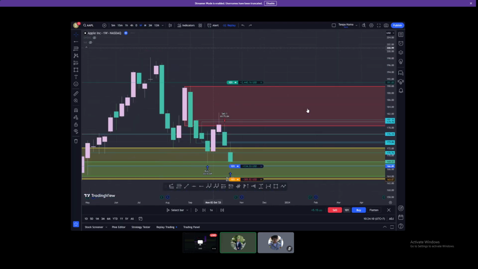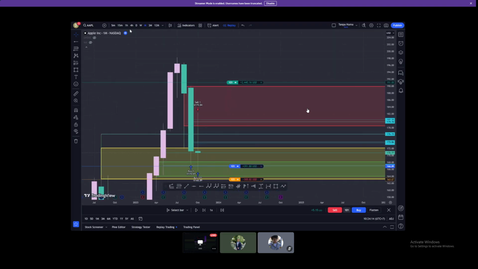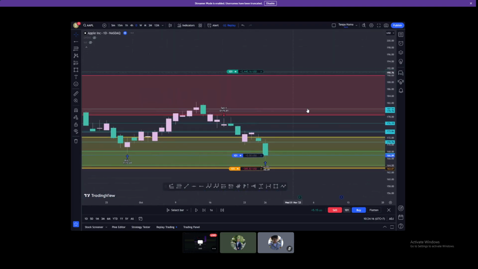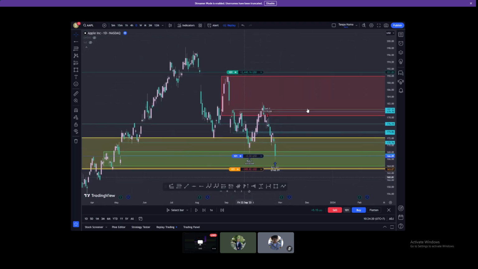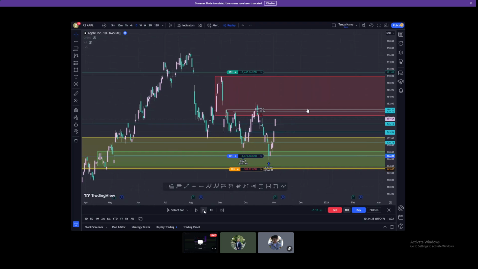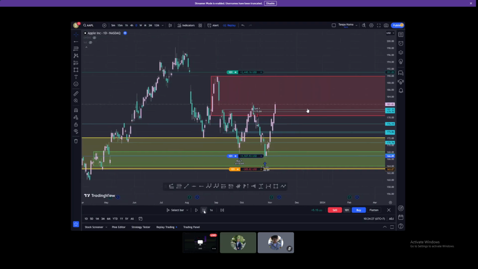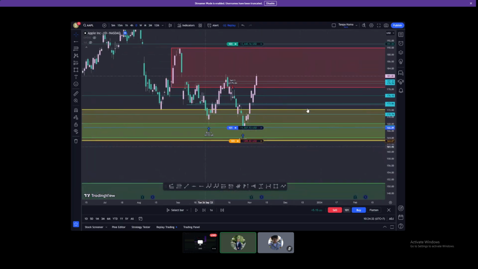Let's see what happens on the daily now. Play out the price action on daily. Pause. Zoom in at the very bottom, where the bottom was formed.